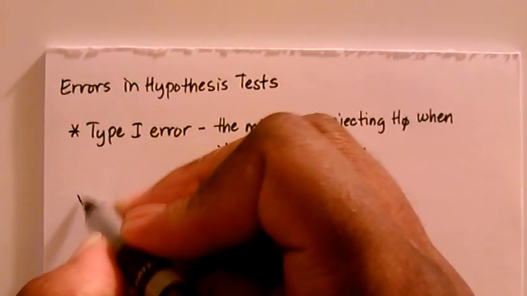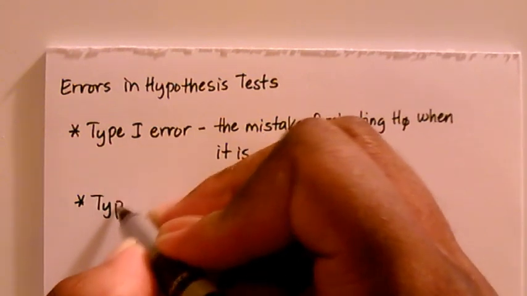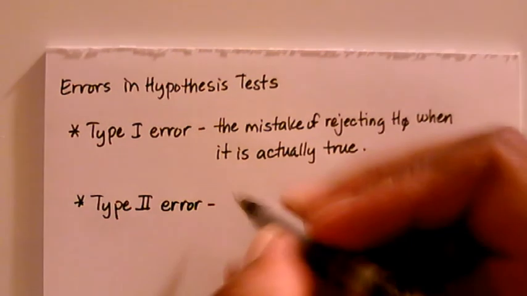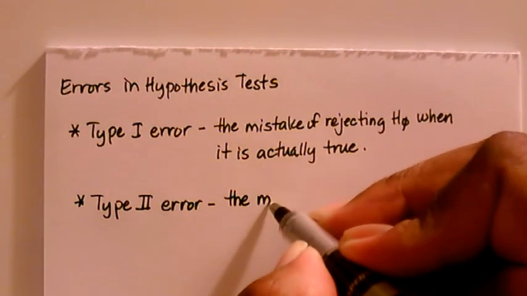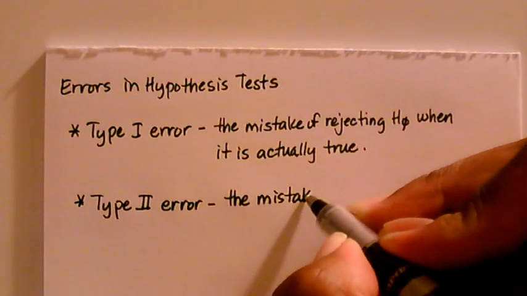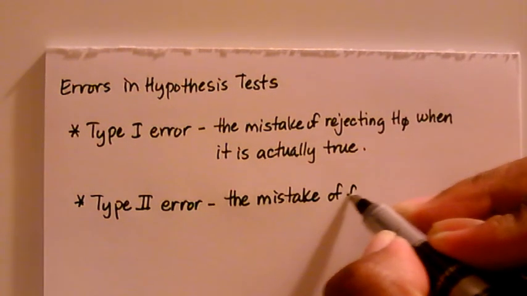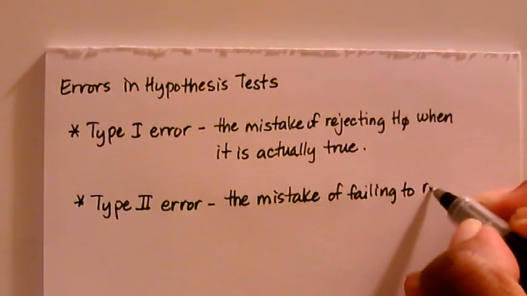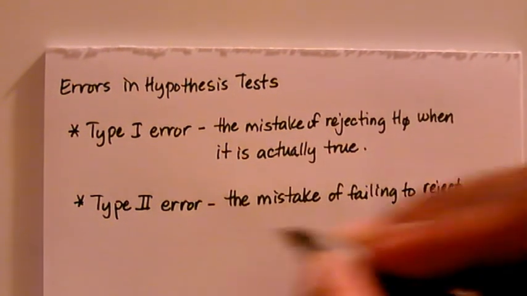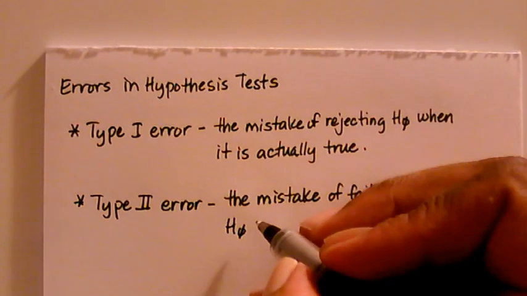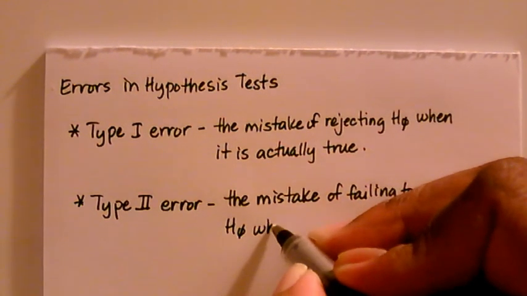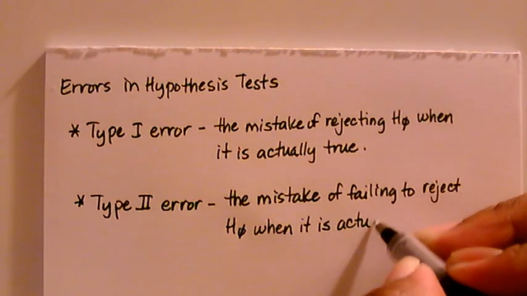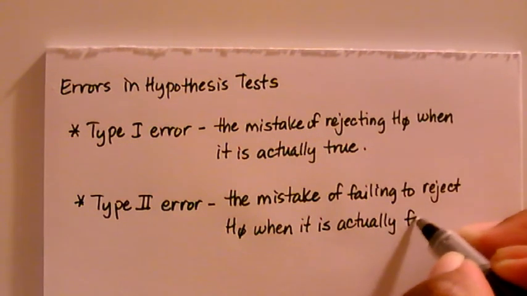And then the second type of error is a type 2 error. And the type 2 error is the mistake of failing to reject the null hypothesis, which is H sub 0, when it is actually false.